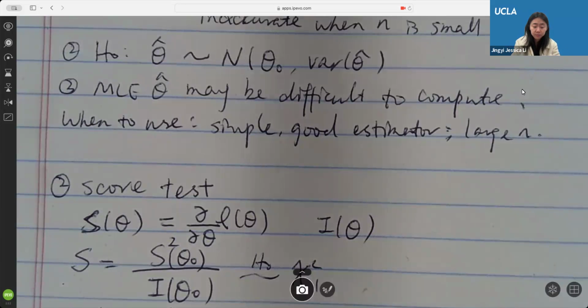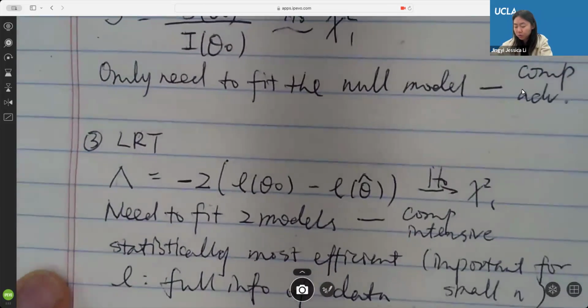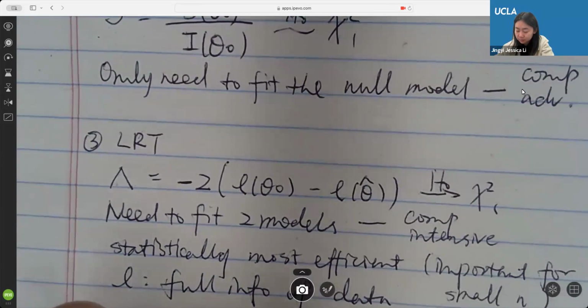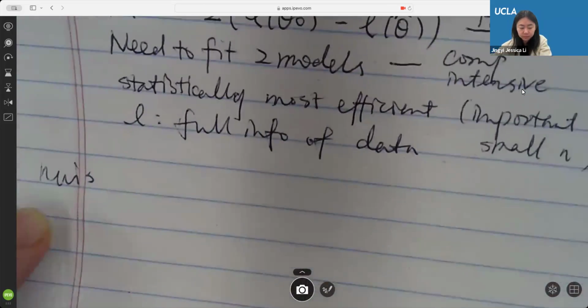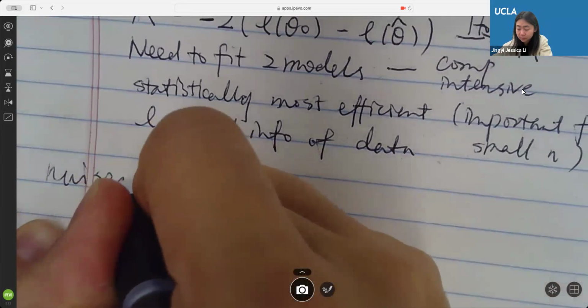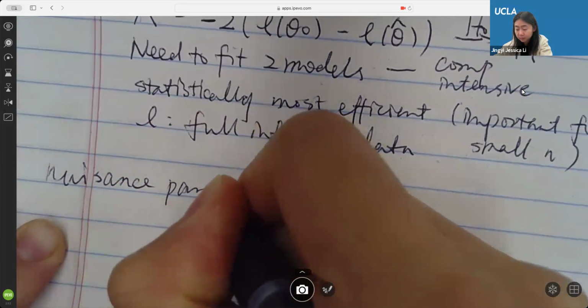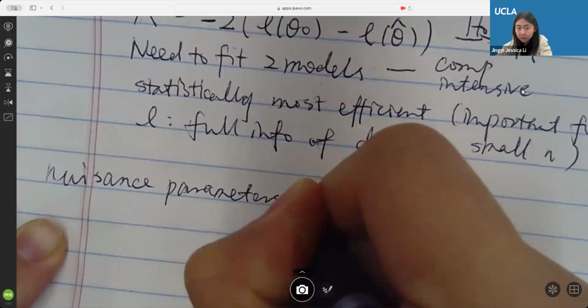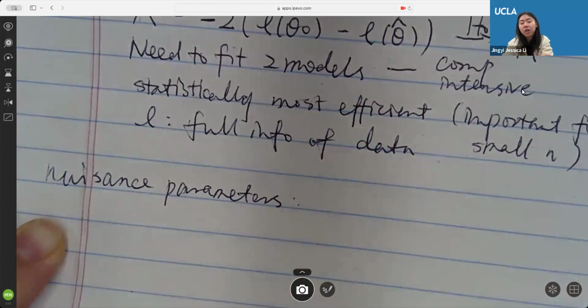And another thing is regarding a very important concept called nuisance parameters. So this is a general term.